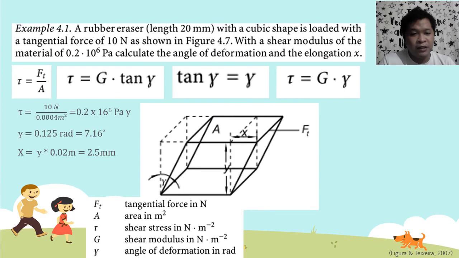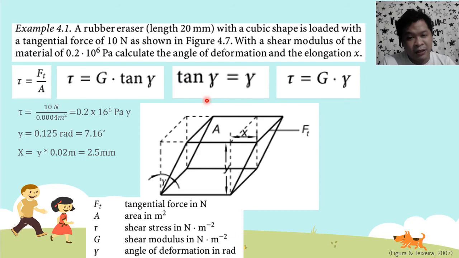Okay, so we have all our givens needed. So you have your tau equal to F over A. So 20 mm squared is equal to 0.004 square meters. We equate this to the shear modulus multiplied by the angle of deformation in radians.